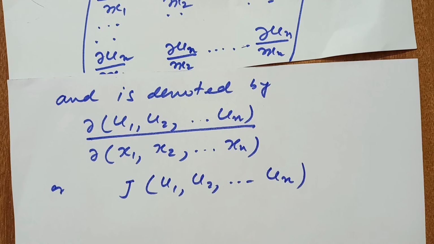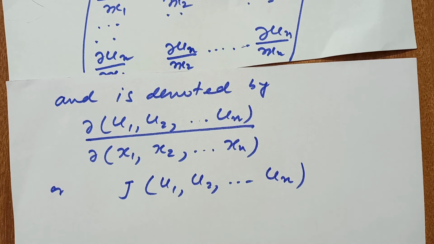So this is the Jacobian for n independent variables.